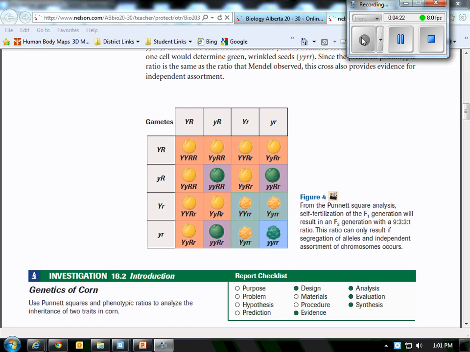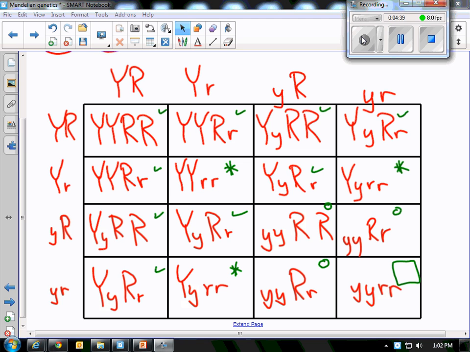This very same chart can be found on page 614, where you can even see the phenotypes. All the ones that are yellow round, green round, yellow wrinkled, and green wrinkled. On this chart, I made a check mark for each one that was yellow round, and out of the 16 boxes, there were 9 yellow rounds.